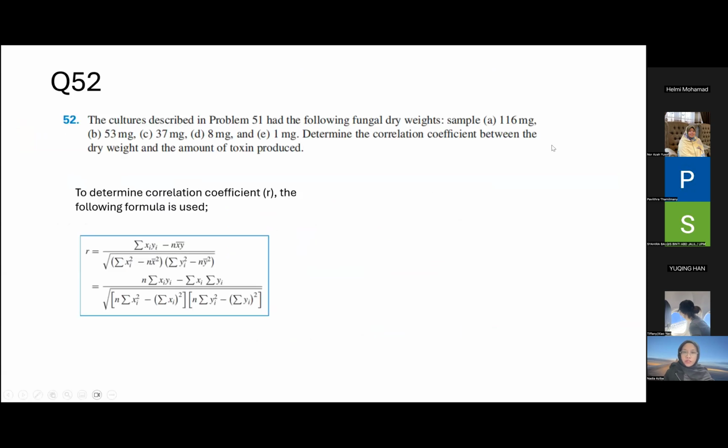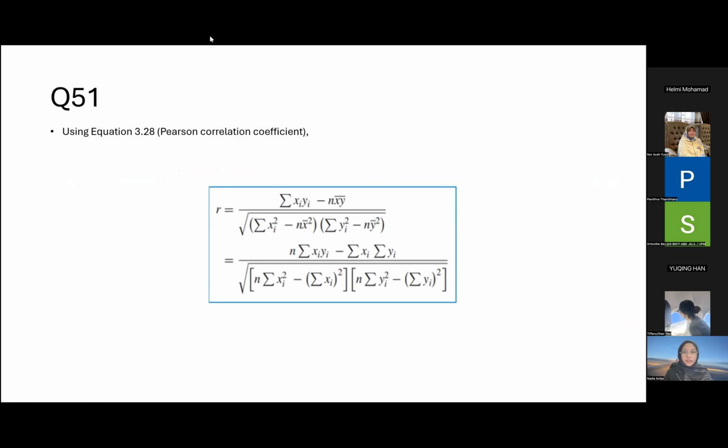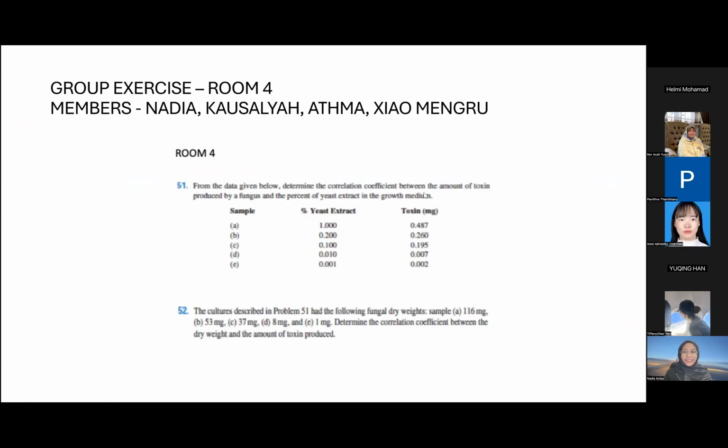So the percentage of yeast extract is given, there are 5 data points here, and also the toxin. And question number 2, based on question number 51, we are also to determine the R between the dry weight of fungal and the amount of toxin produced. The fungal dry weights are given in the question as well.